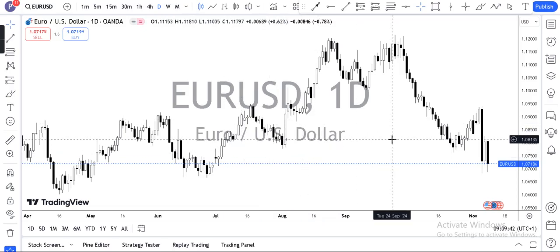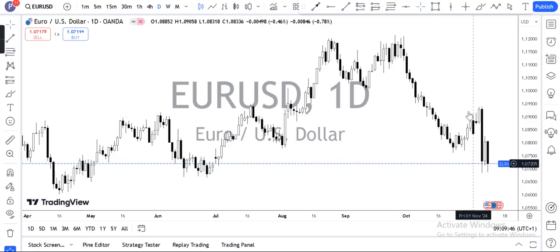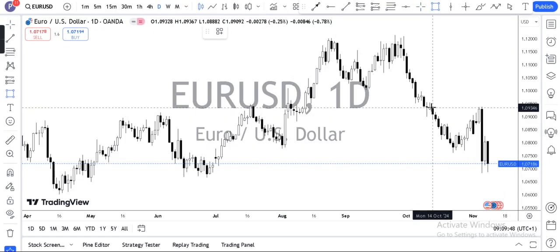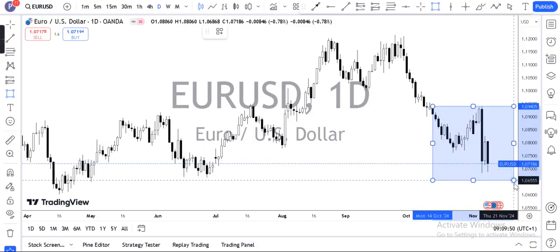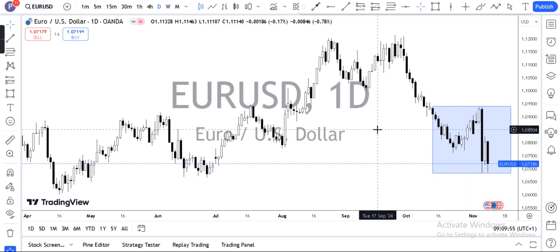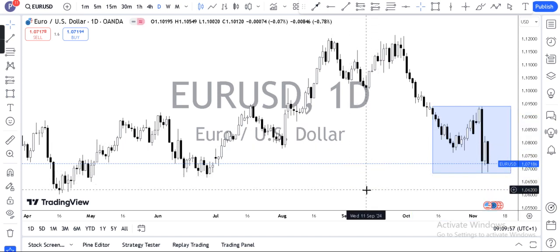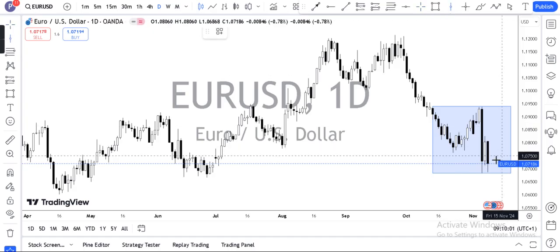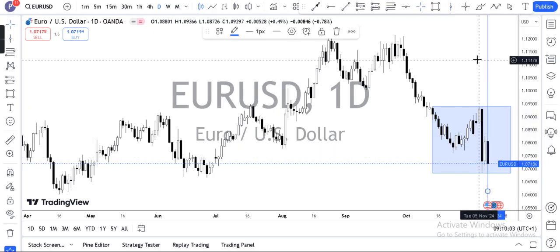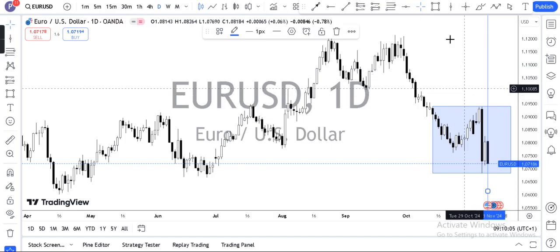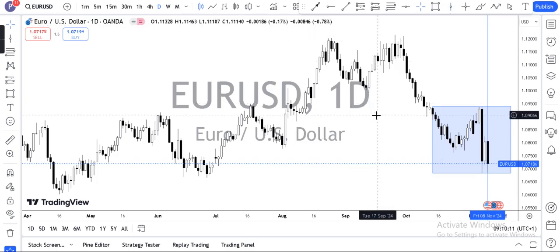Now, one thing we will easily do here is this. We want to work with this particular area, using our vertical line to separate each of the different days. Sorry about that, guys.